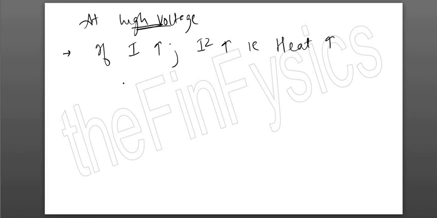Always remember this. So if current is more, the heating effect produced will be more, and hence there will be more energy loss, and hence we keep it at a high voltage. Are we clear? Since voltage is inversely proportional to current, it reduces the heating effect.